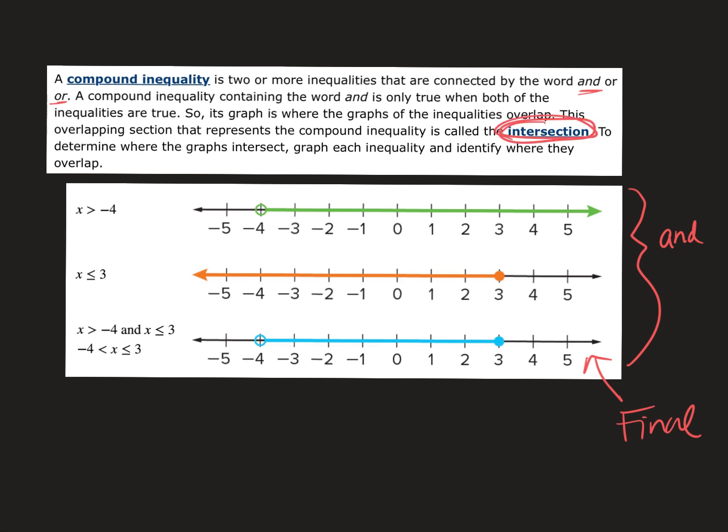So if you look at the green and the orange, where do the green and the orange intersect? They intersect between -4 and 3. So between is a great word to indicate that you have an and problem. Between. Now let's look at an or.